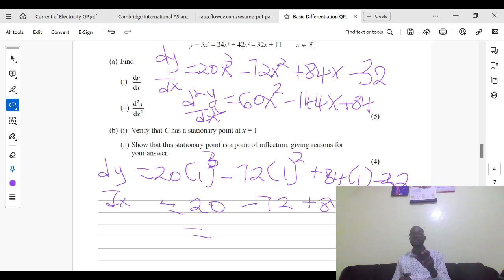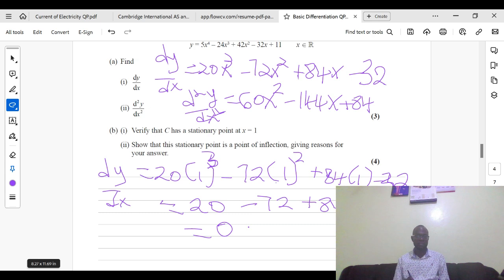So now at that particular point, you can use your calculator. We have 20 minus 72 plus 84 minus 32. That gives us 0. So you don't just leave your answer like that. You have to go ahead and explain.